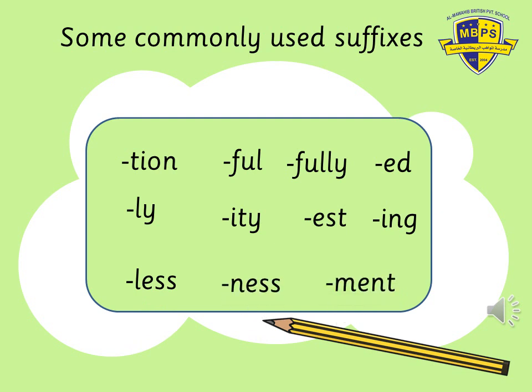Some commonly used suffixes are tion, ful, fully, ed, ly, ity, est, ing, less, ness, ment. Students, these are some of the letters or group of letters that we call suffixes, and they are really helpful to make new words, and they also change the meanings of the words.